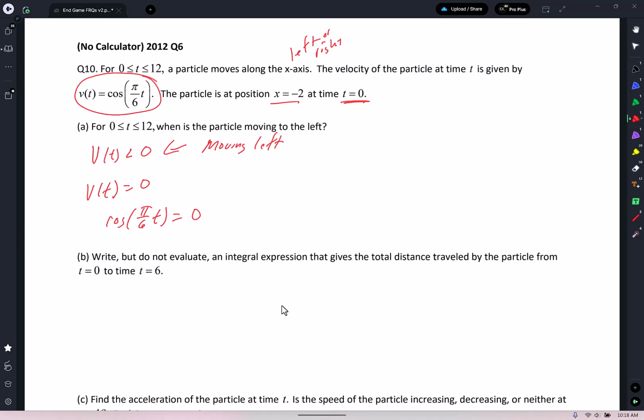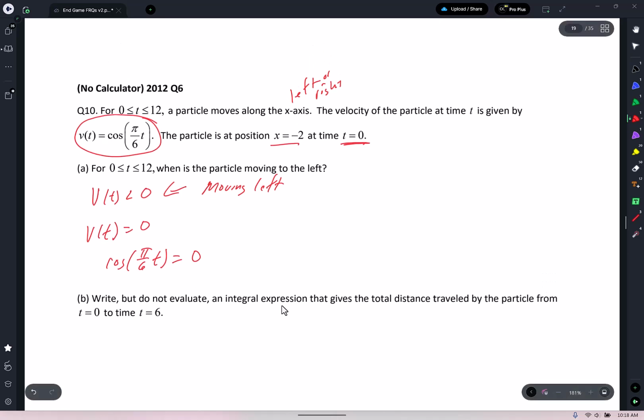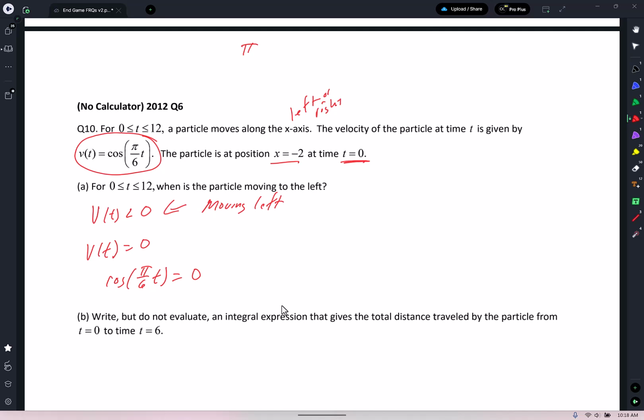Oh, sorry. Cosine is 0 when the angle is pi over 2 or 3 pi over 2. So what will make this pi over 2 or 3 pi over 2? You can say I need pi over 6 t to equal pi over 2, or I need pi over 6 t to equal 3 pi over 2. Right? Because on the unit circle, cosine is 0 at those two locations.